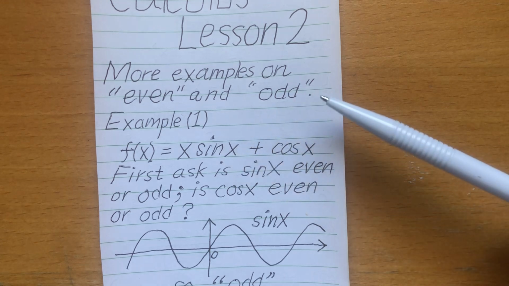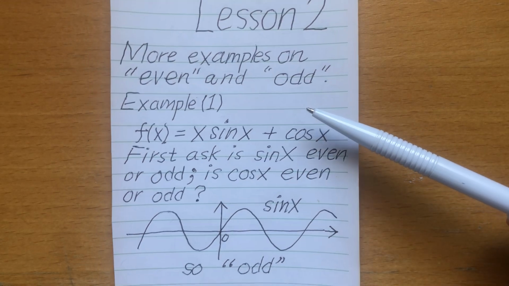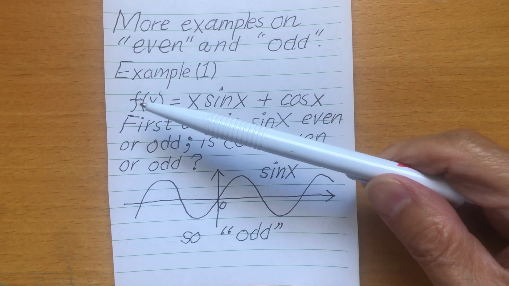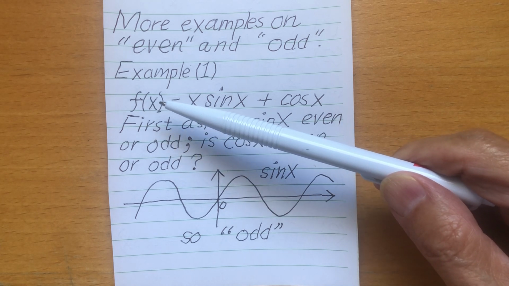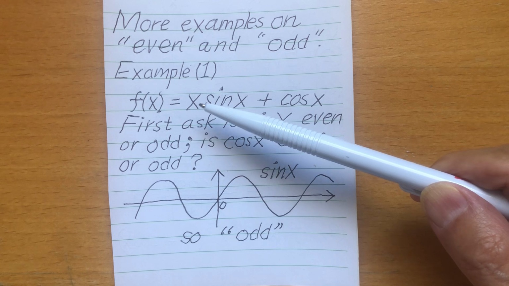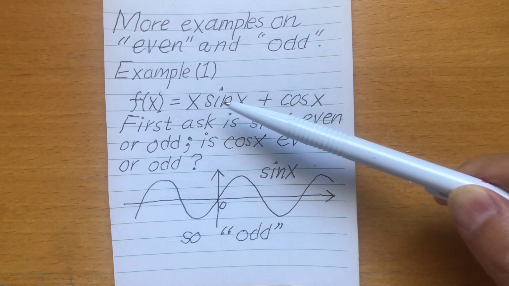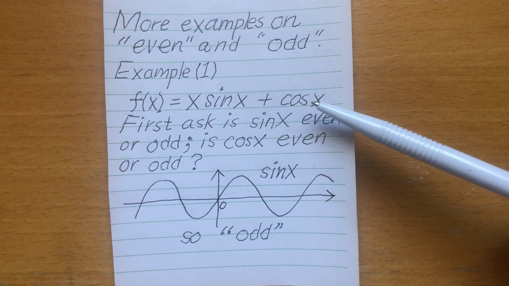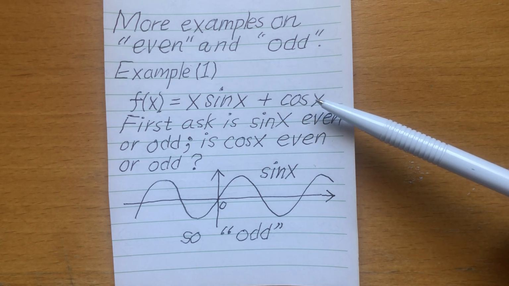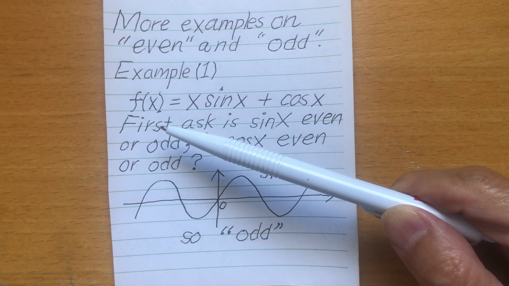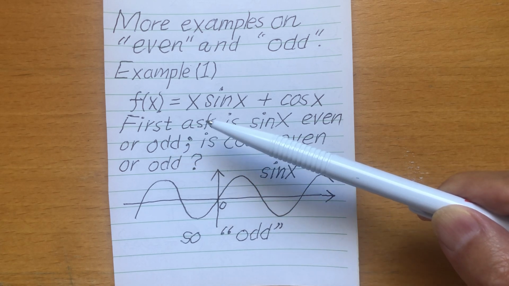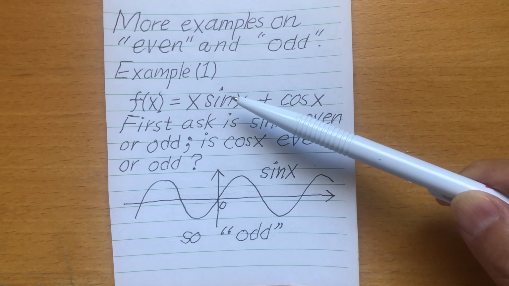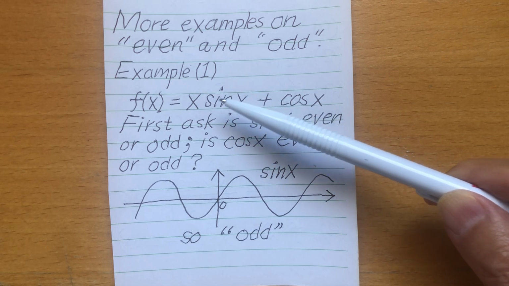Example 1. I have a function f(x) equal to x sine x plus cosine x. First, we want to ask, is sine x even or odd?